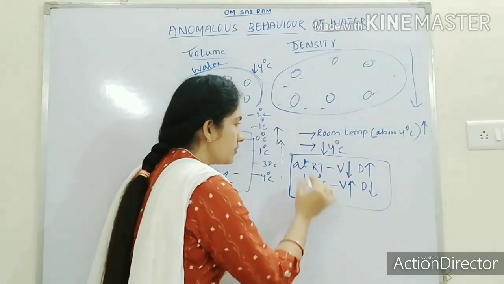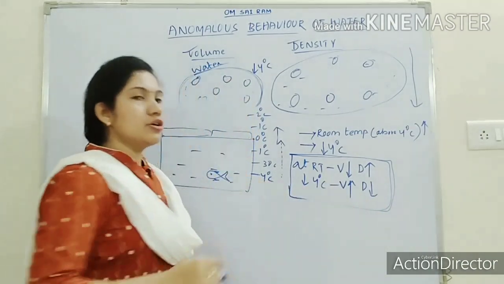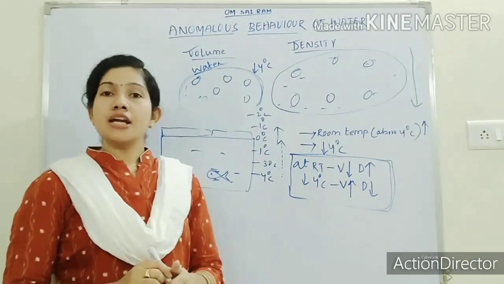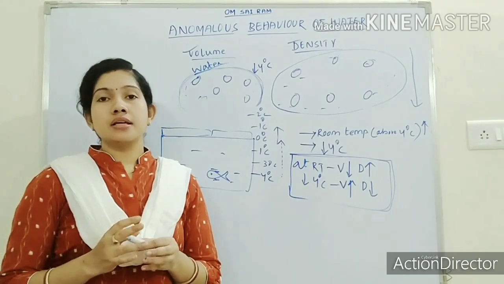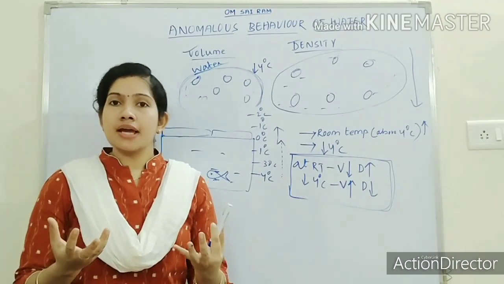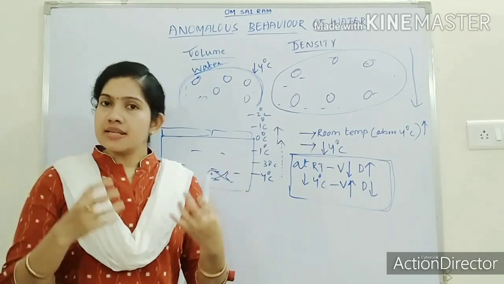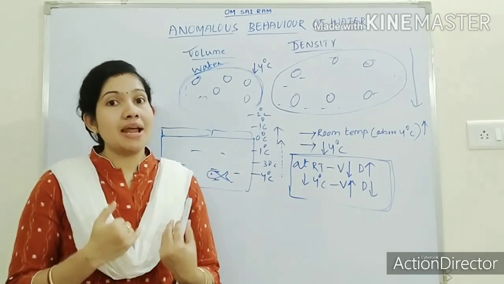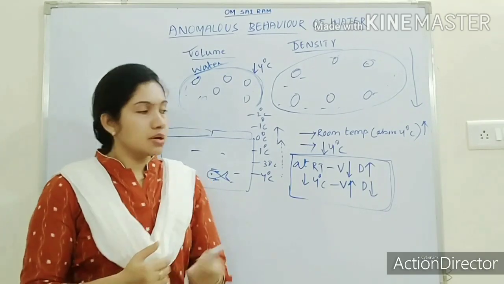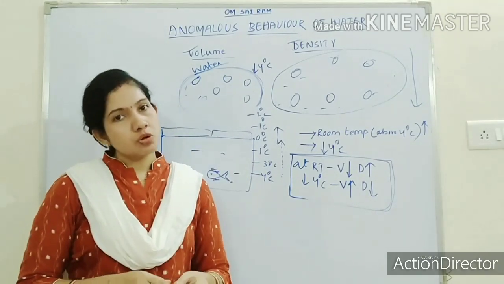So this is the anomalous behavior of water. That's why in cold countries, even when there is extreme cold outside, the aquatic plants and animals inside the water are able to survive because of the anomalous behavior of water.